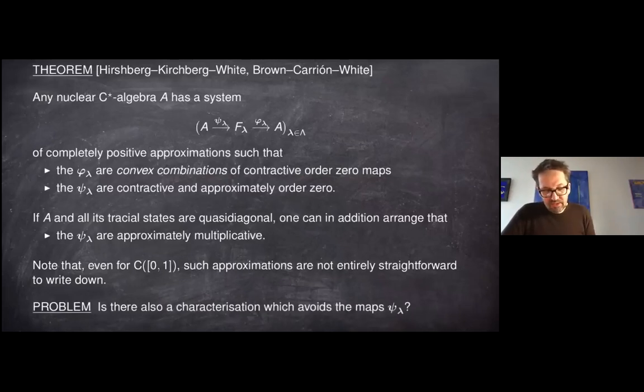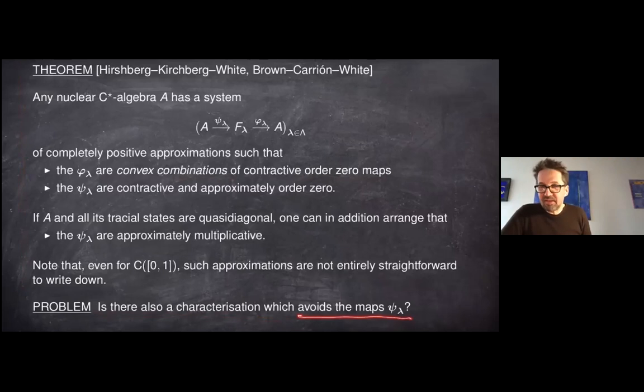Okay, and a problem I'm interested in, but which I couldn't solve at all, unfortunately, is whether there's also a characterization of these CP approximations here, which avoids the maps psi lambda.